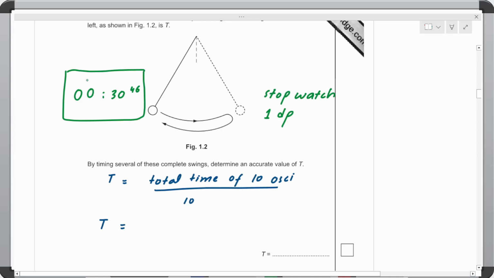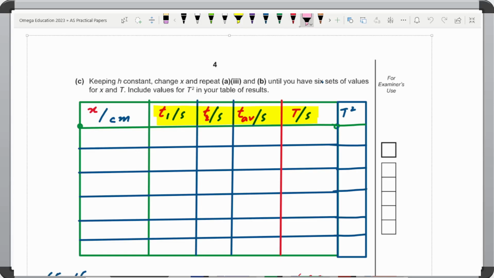So try not to leave the answer as 30.46 seconds. It would be better for your convenience that you leave the answer of the stopwatch to 1 decimal place. There are certain things that you need to consider.